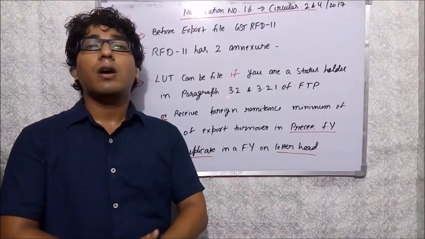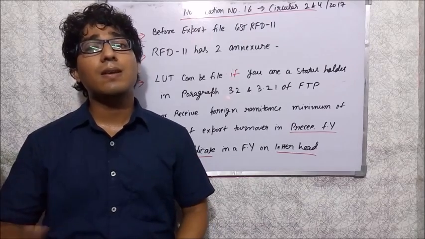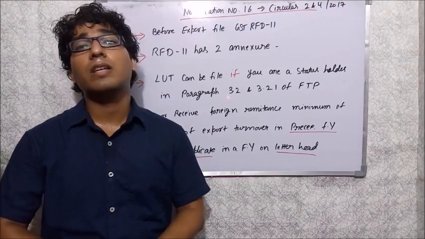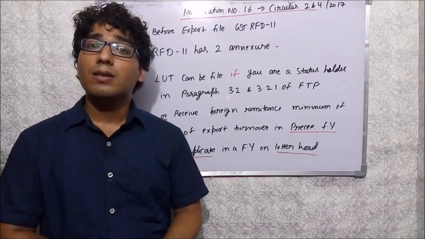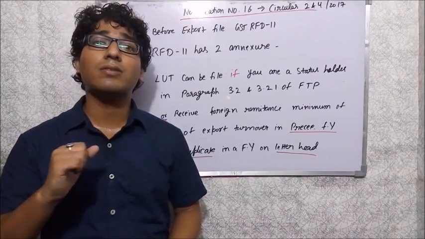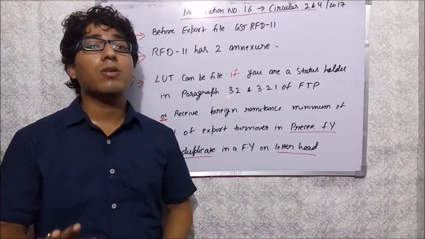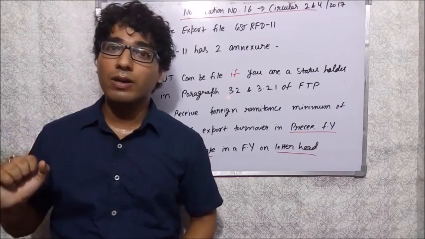So suppose you received 50% of the export turnover as foreign remittance in the preceding financial year, but the 50% is, suppose, 50 lakh, then also you cannot execute the letter of undertaking, because you should get at least 1 crore rupees to execute the letter of undertaking.